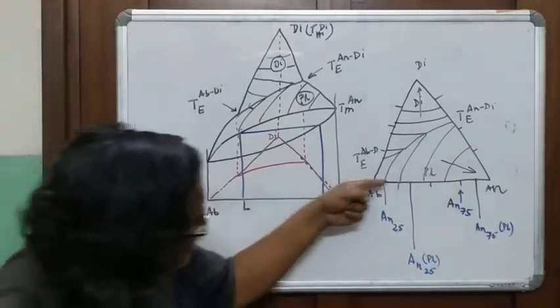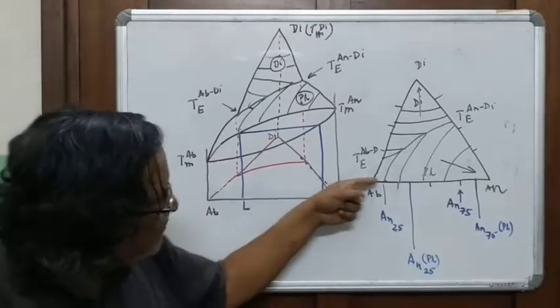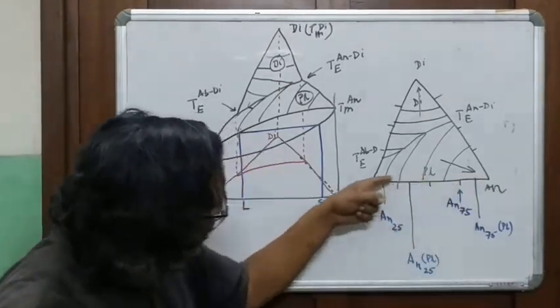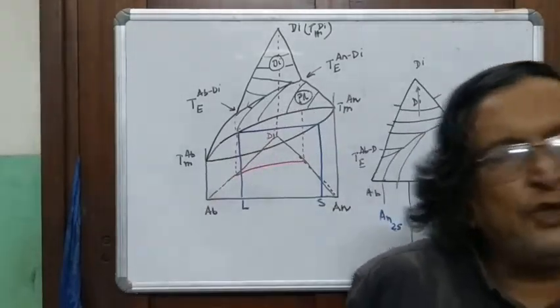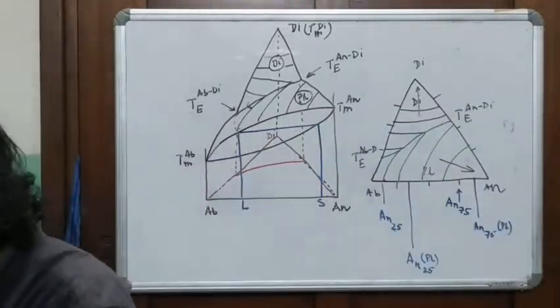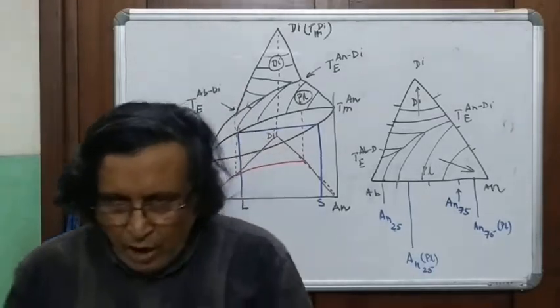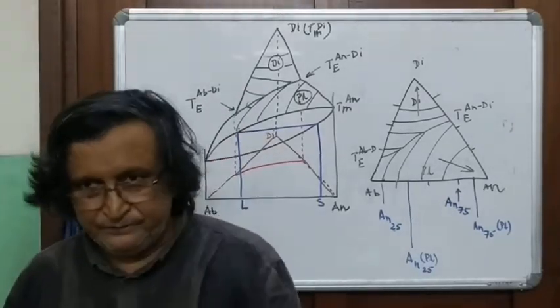So in this diagram, the one on the black line represents the composition of the plagioclase, the albite and anorthite components of the plagioclase in the blue.